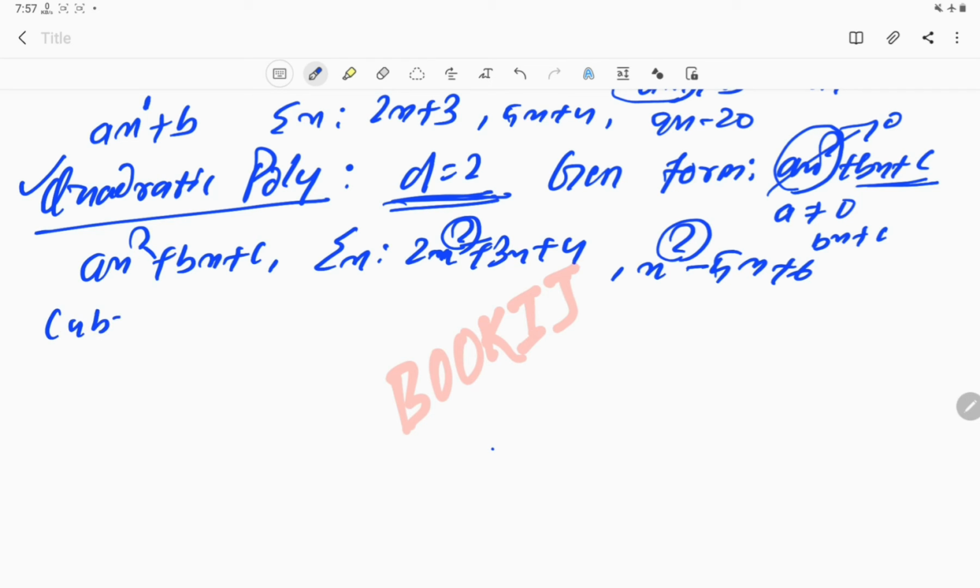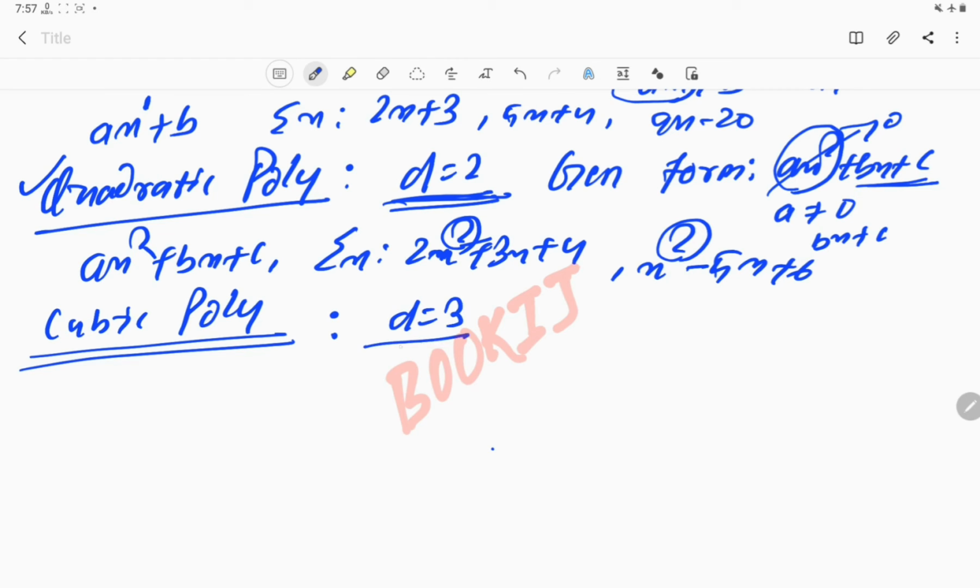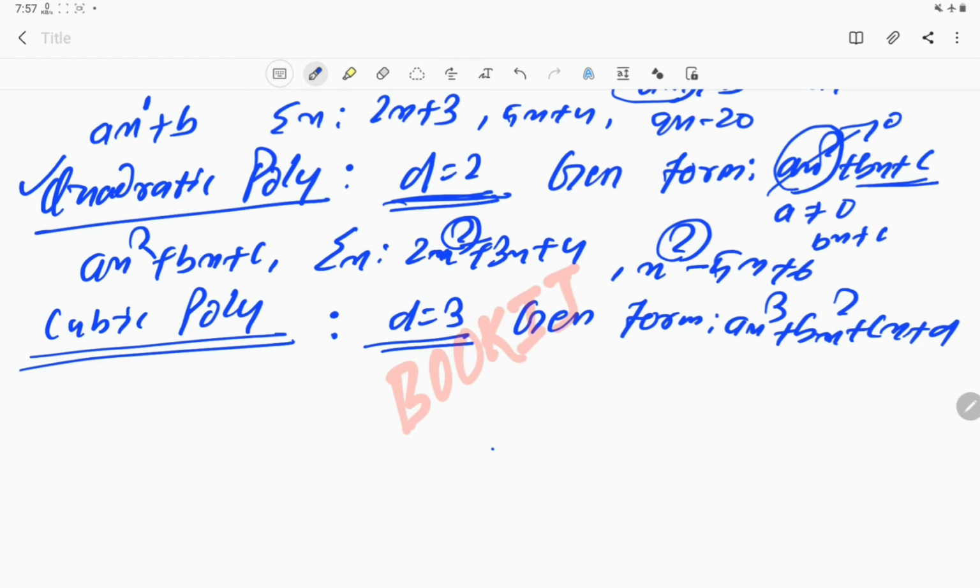Next is your cubic polynomial. A polynomial with degree 3 is known as a cubic polynomial. And what about the general formula? The general formula is ax cube plus bx square plus cx plus d, where a is not equal to 0.